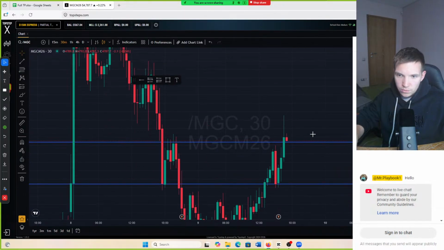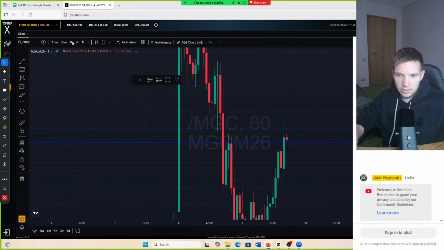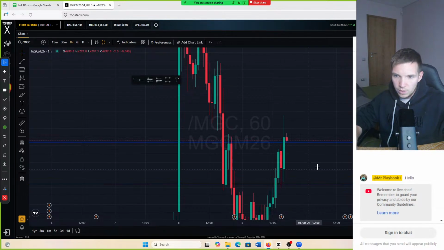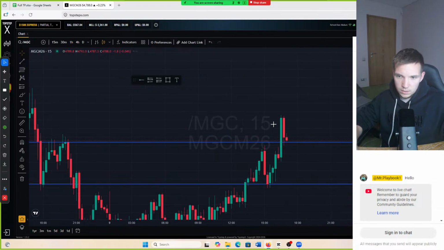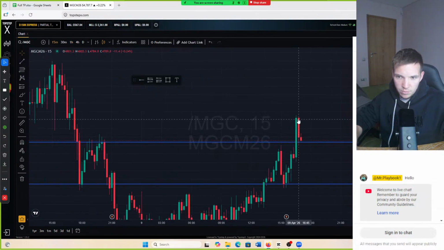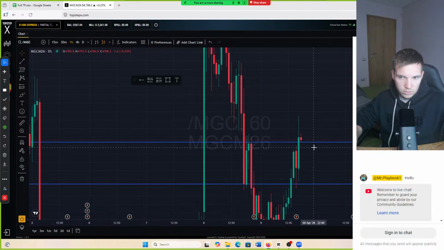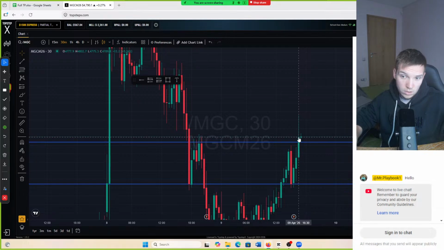If we ignore the 15, this actually does not look bad, but we need a bigger wick, because this already might have been our pullback. Because everything closed above on 1 hour and 30 minutes, and it closed nicely close to the previous range.